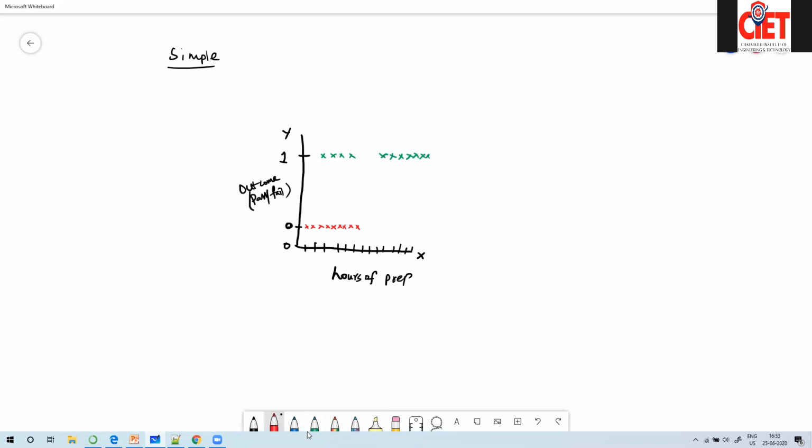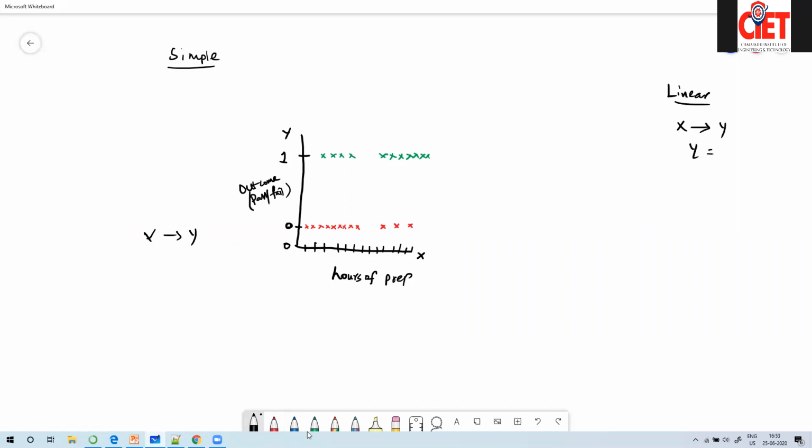And some people, though they prepared more, still failed the exam. Okay, this is how we can represent X and Y in this particular case. X is our number of hours of preparation and Y is the target variable. In case of linear regression, just for comparison, we represented the relationship between X and Y like this.